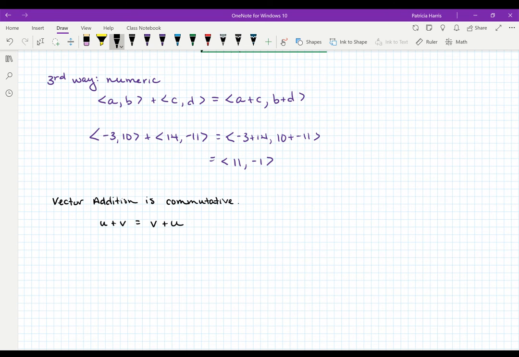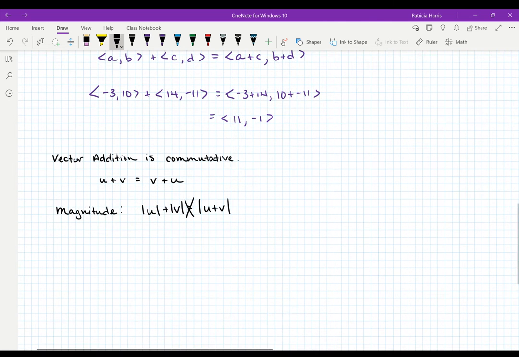Okay. However, with magnitude, you have to be careful. The magnitude of your resultant vector is not equal to the individual magnitudes added up. Okay, so let's prove that.